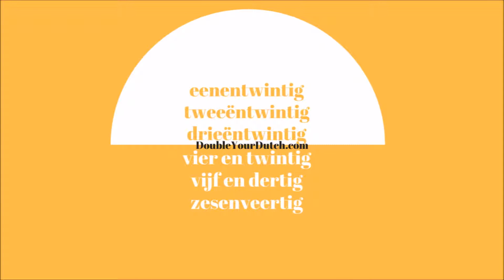Then, if you go beyond 20, you say 1 and 20, 2 and 20, 3 and 20. 21, 22, 23. 4 and 20, 5 and 30. 30 is spelled together. But it's always simply the number from 1 to 10, and then "en", and then 20, 30, 40.